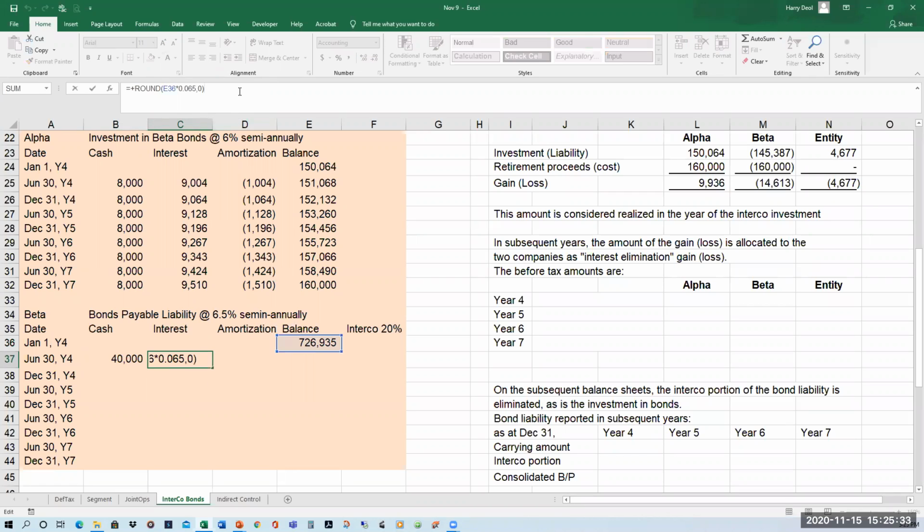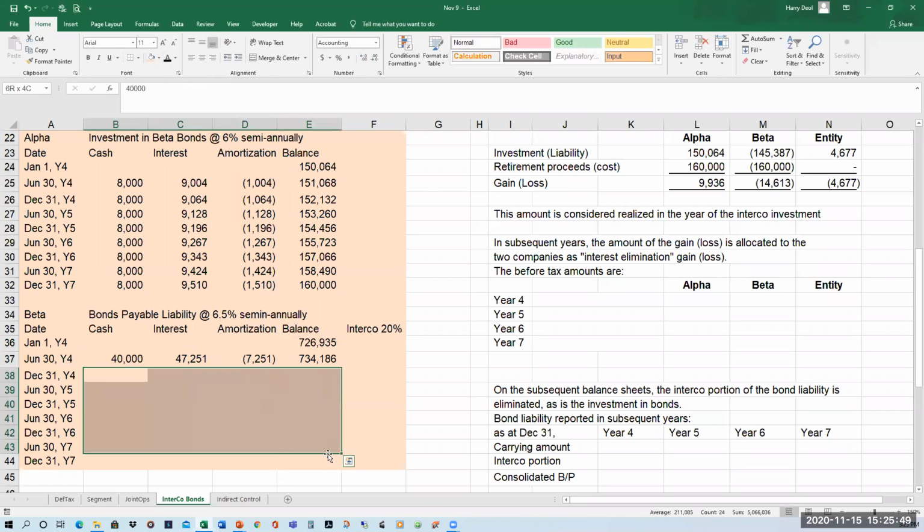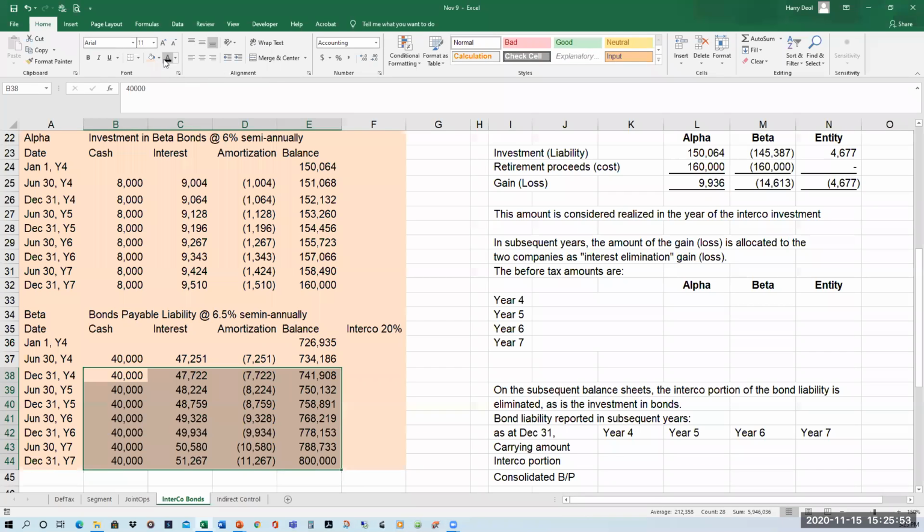So 6.5% works out to 47,251 on June 30th, year 4. We get a negative amortization of 7,251, resulting in the bond balance increasing to 734,186. Over the years, the bond liability gets amortized to $800,000, the face value of the bonds.